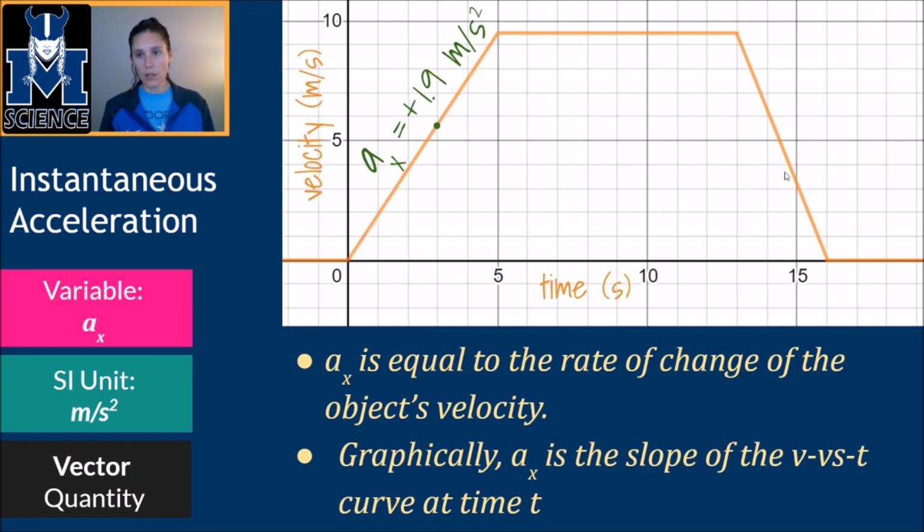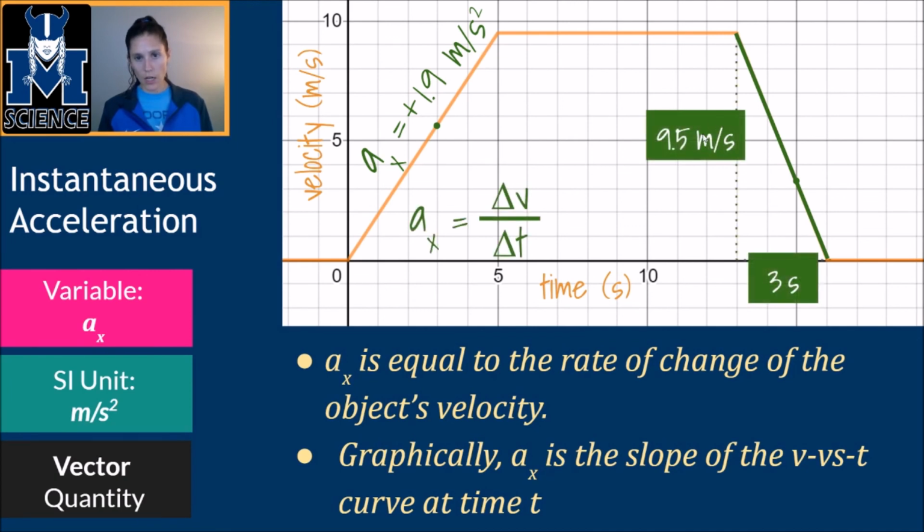Let's say we wanted to find the instantaneous acceleration at 15 seconds. Again, we have a straight line here, so we can look at our change in velocity, which again is 9.5 meters per second, over 3 seconds, because we're at 16 here and 13 here. So we take 9.5 meters per second divided by 3 seconds, and we get negative 3.2 meters per second squared.